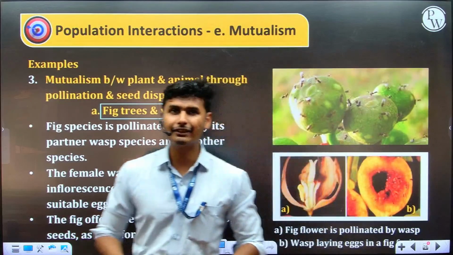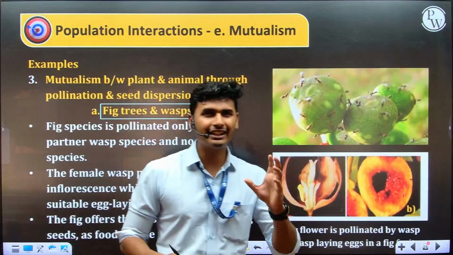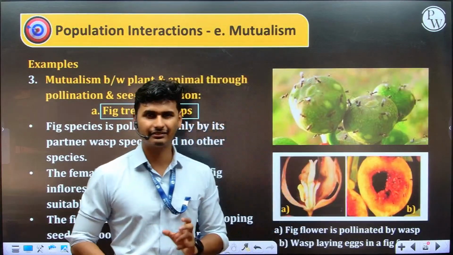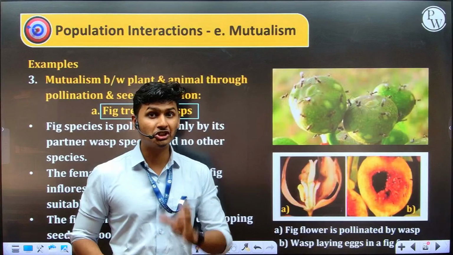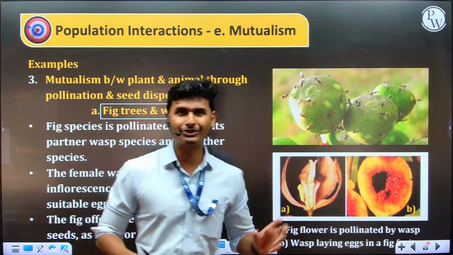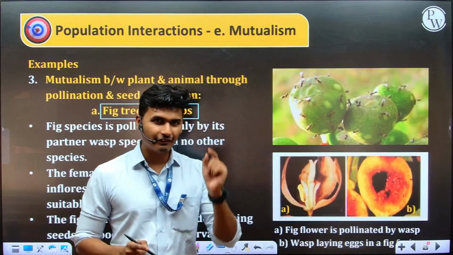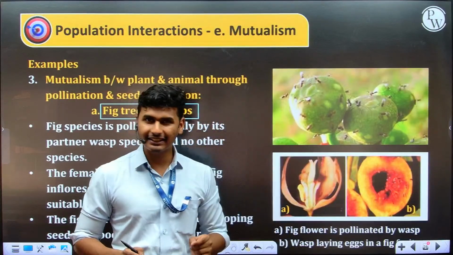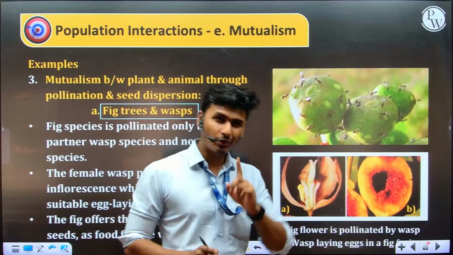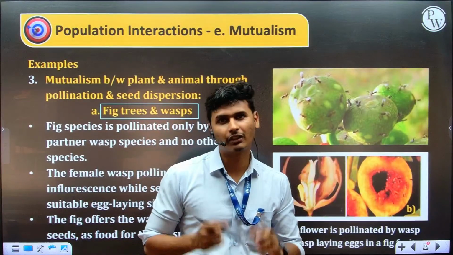It means if we are eating a fig, the fruit of the fig tree, anjeer, it means we are non-vegetarian. Why? Because wasps lay their eggs in the ovary and the ovary converts into fruit.